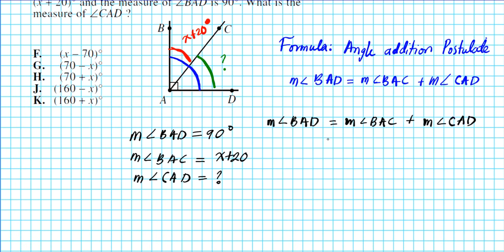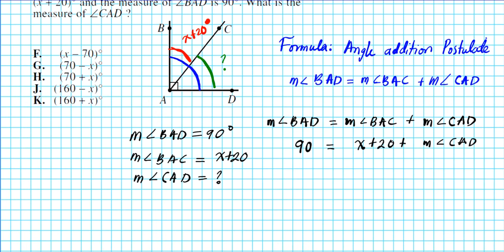Alright, let's substitute. The measure of angle BAD is 90 degrees, and that's equal to the measure of angle BAC, which is the quantity x + 20, plus the measure of angle CAD. Our goal here is to get the measure of angle CAD isolated.